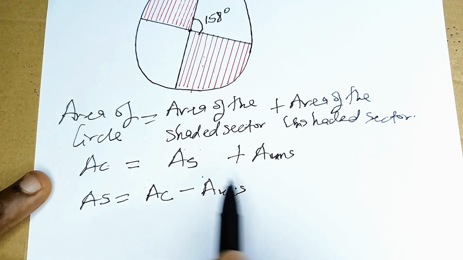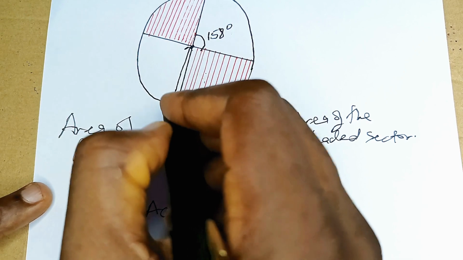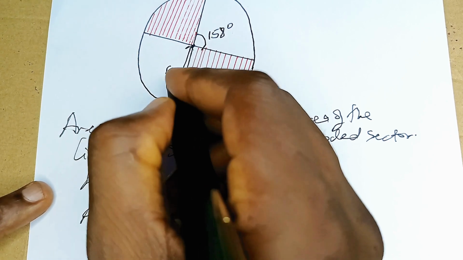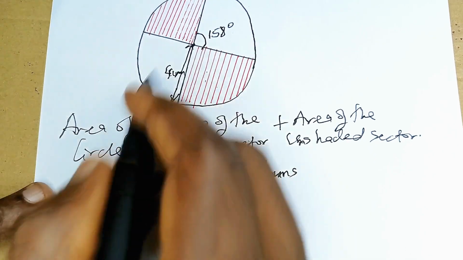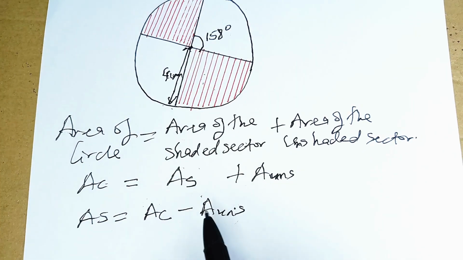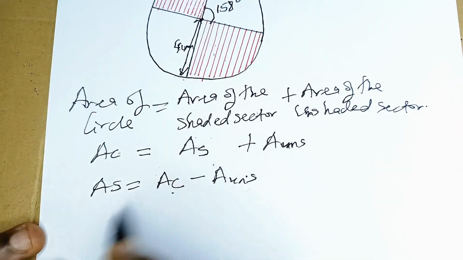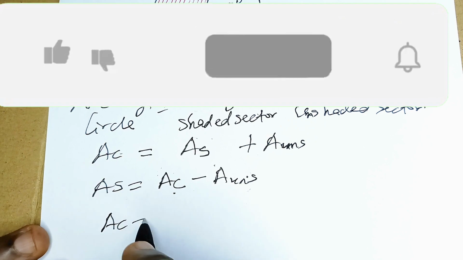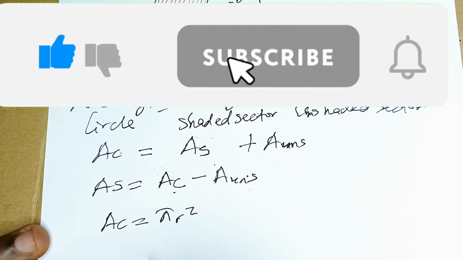Now to get the area of the circle, we were told that from here to this place is 4 centimeters. So once this is 4 centimeters, that is the radius from the center to the circumference. To get the area of the circle, that is AC, the formula is pi r squared.